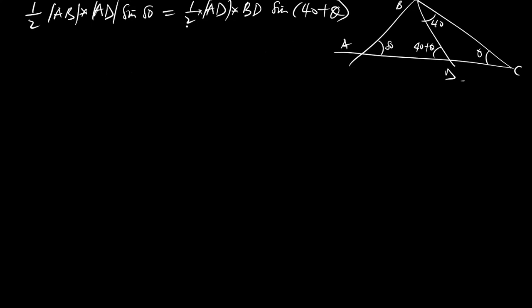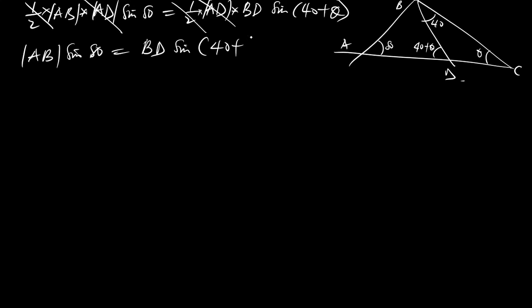Now, the half is common, we'll cancel them off. The AD is common, we'll cancel it off. So now you have AB sine 80 equal to BD sine 40 plus theta.